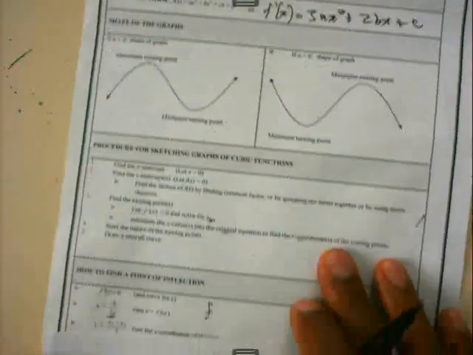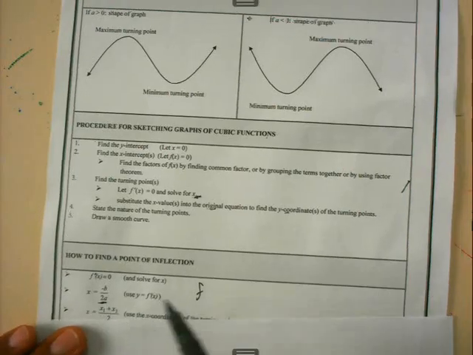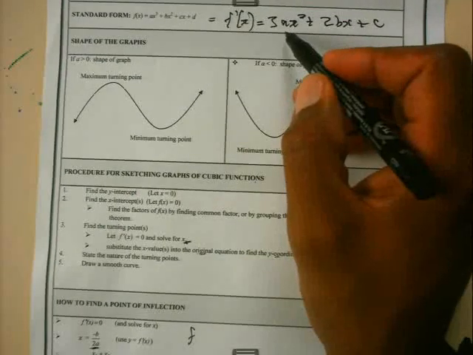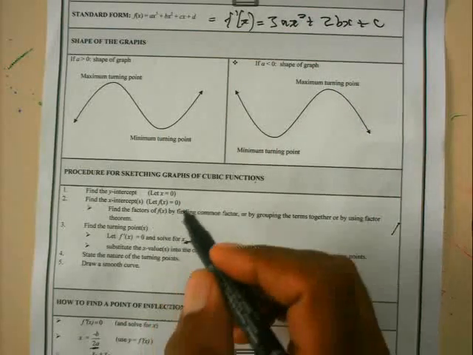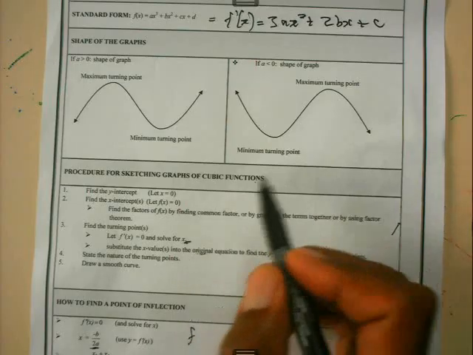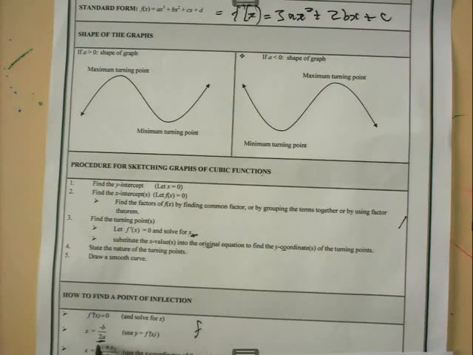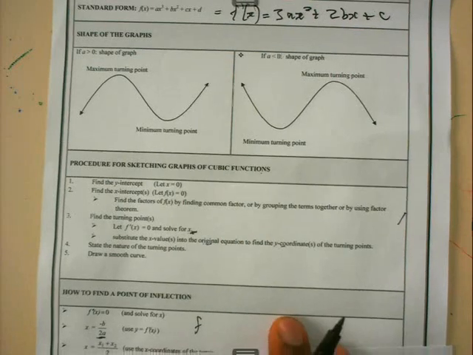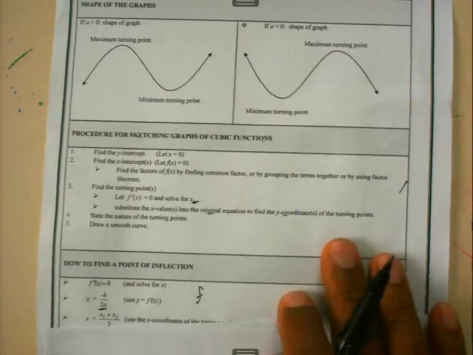Then this formula here, x is equal to minus b over 2a, we are going to use in our derivative, 3ax squared plus 2bx plus c. Once you have the first derivative and the x coordinates of the turning points, you can use the derivative to solve for the x value of the point of inflection. That is why we say use y is equal to f prime of x.